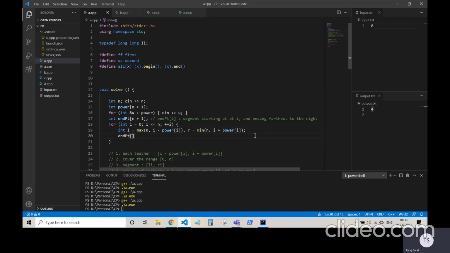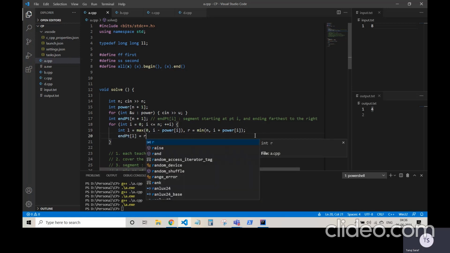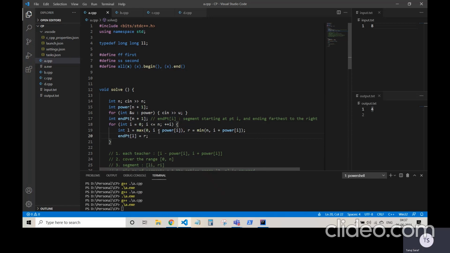Now I need to find out the endpoint of L. The endpoint of L is given as R, and this I want to maximize. There might be multiple such indices i such that i minus power[i] gives us the same value of L. That is possible.